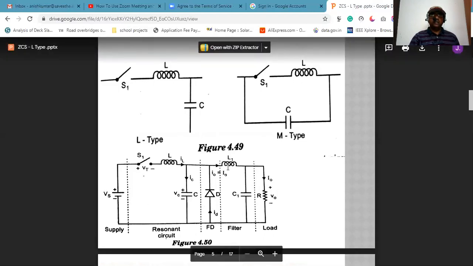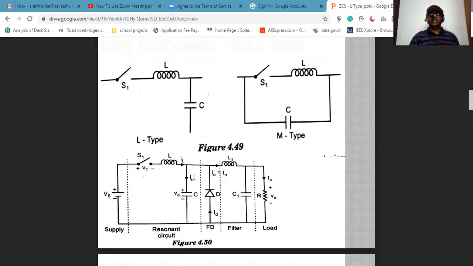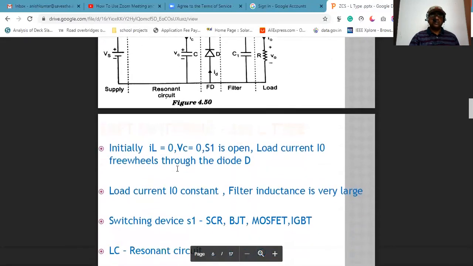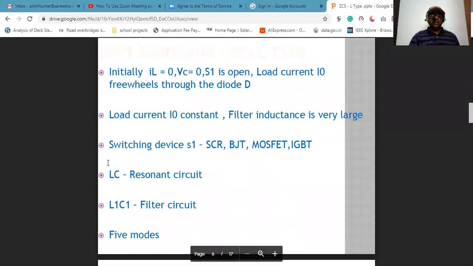This is the main part of the ZCS L type converter. It consists of 5 modes. As I told previously, L1, C1 is the filter circuit, LC is the resonance circuit, S1 is the switching device.